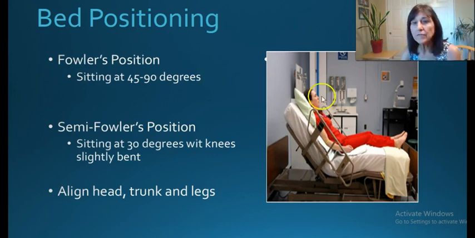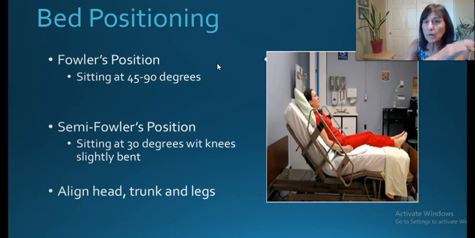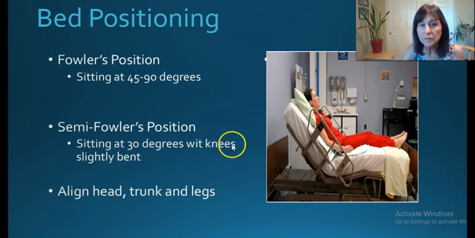However, those are kind of old school terms, meaning that we don't use them as much as saying the doctor will write an order, or physical therapy, they'll say, raise the head of the bed 45 to 60 degrees, okay, or have the bed at 30 degrees with the knees slightly bent. So beds will also go up like this. Does everybody have a hospital bed? No, but they use them a lot in the homes. Okay.